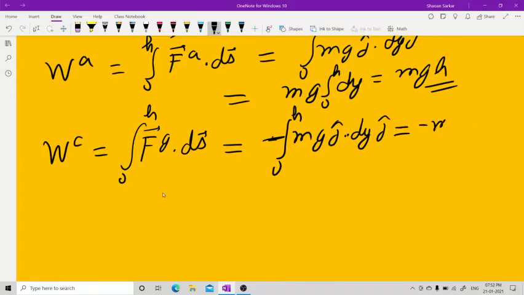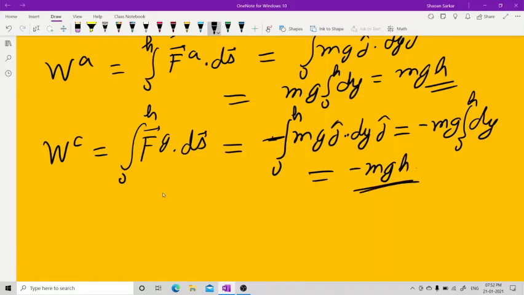This is minus mg dy from 0 to h. So this is minus mgh. See, this is the negative of that.